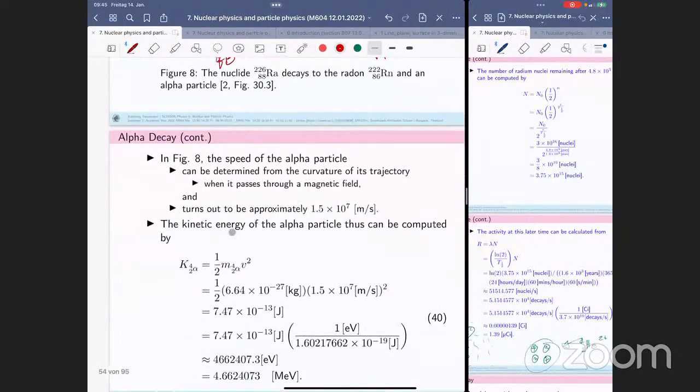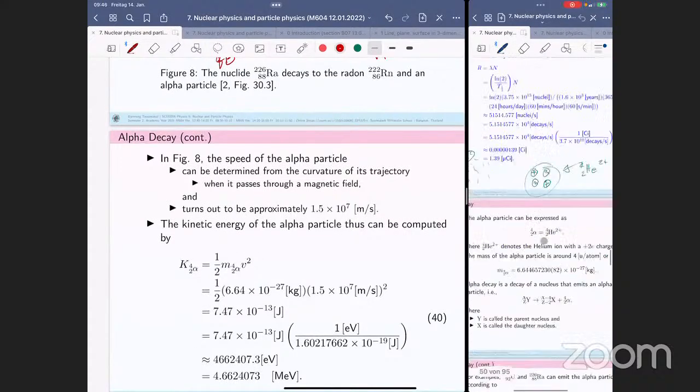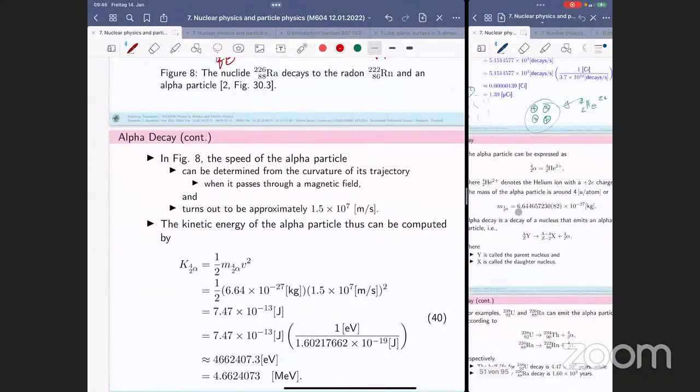And once you put it into the typical kinetic energy expression, 1/2 mv², you're going to get 1/2 at the beginning, and the mass of helium-4 is provided here in the SI scale.